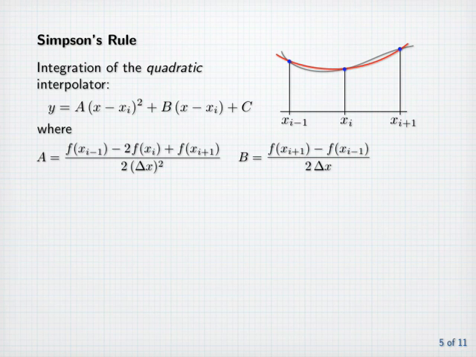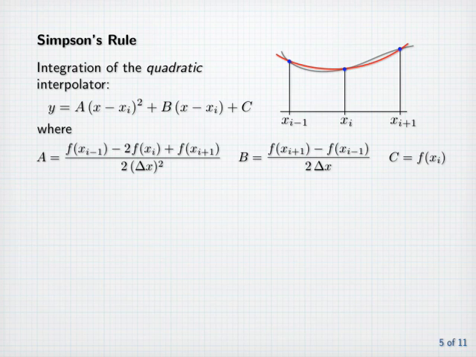B turns out to be f of xi plus 1 minus f of xi minus 1 divided by 2 times delta x, and c is just the value of the function at xi. These are the coefficients that guarantee that the value of y is f of xi minus 1 when x equals xi minus 1, f of xi when x equals xi, and f of xi plus 1 when x equals xi plus 1, as is not difficult to check.